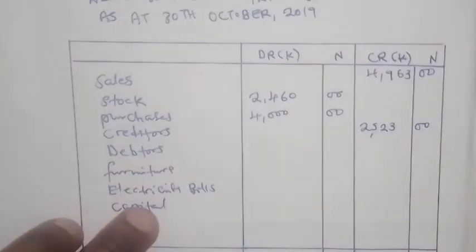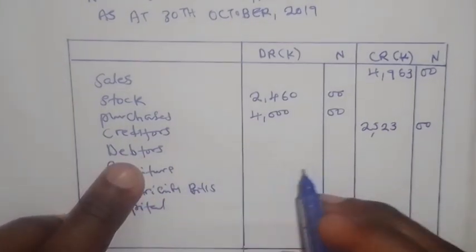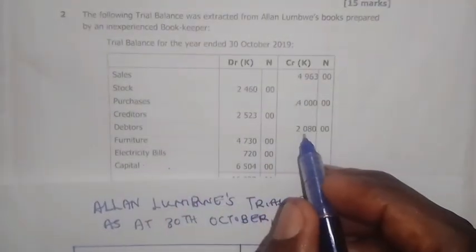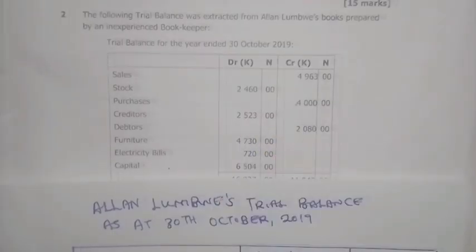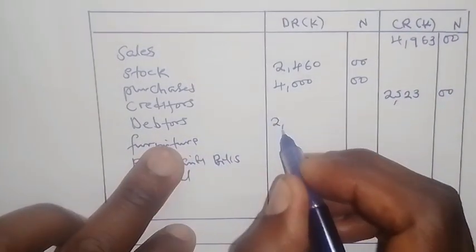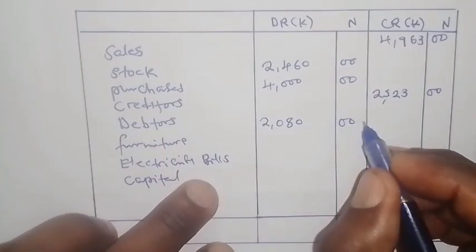Okay, and then debtors, we all know that we put debtors on the debit side, but it was on the credit, so we have to recorrect it by entering it on the debit side. So 2008, and then the Ngwe is 00.